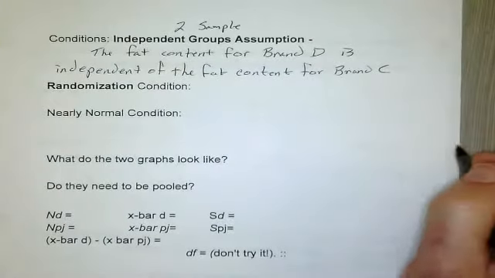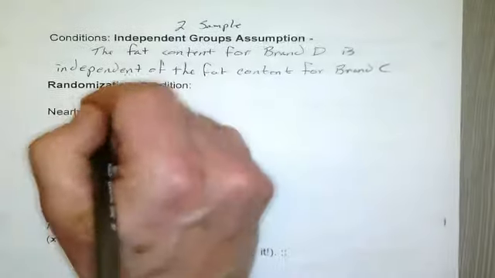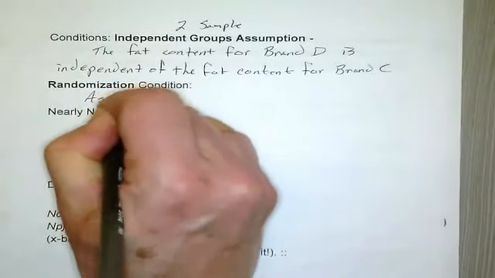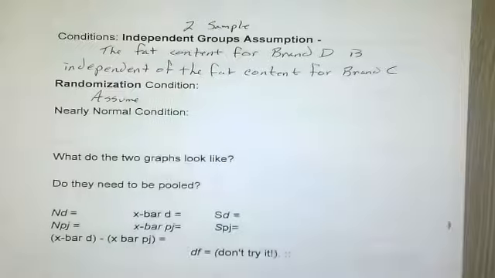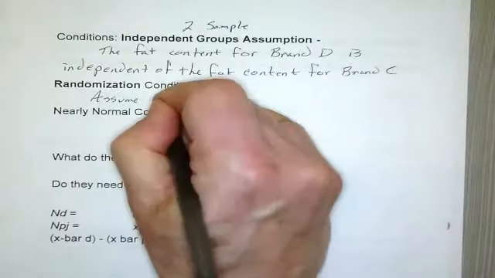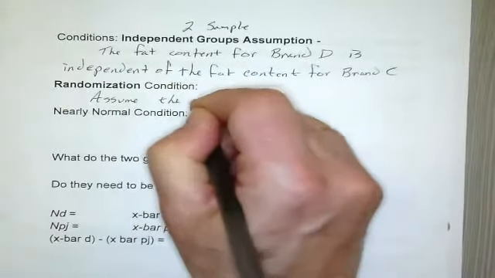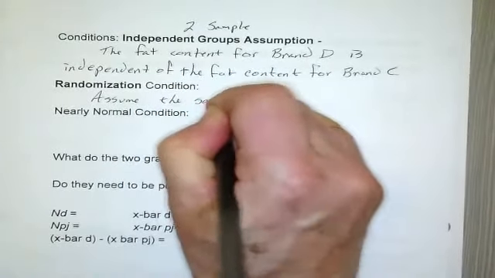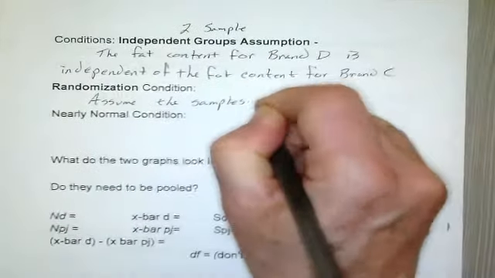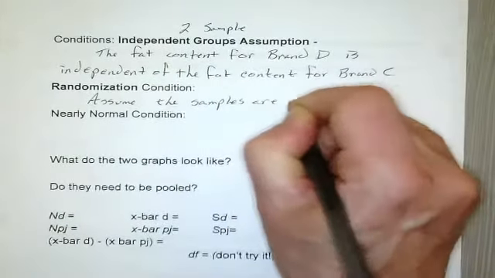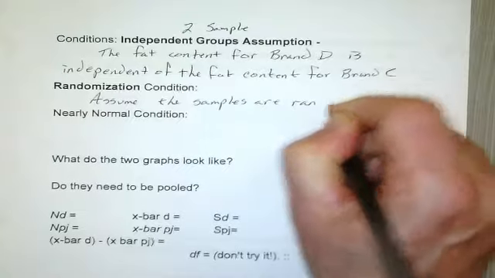All right, there's our independence. Randomization: it doesn't tell us in that opening paragraph, so we're going to assume the samples are random. There's nothing wrong with making assumptions on this one.